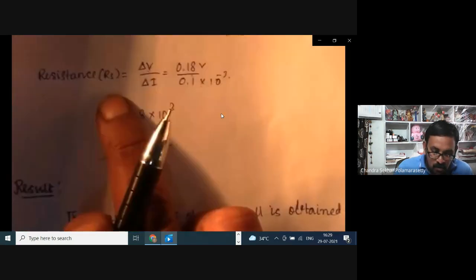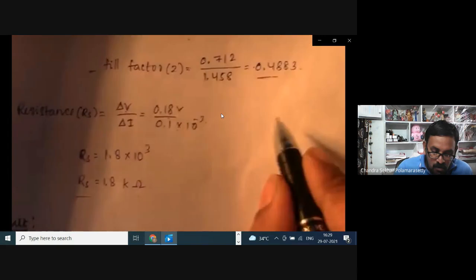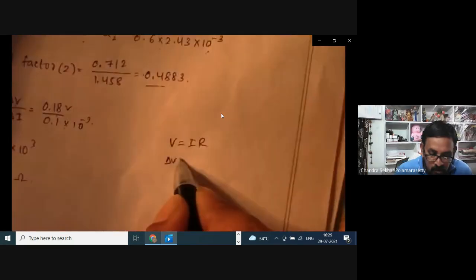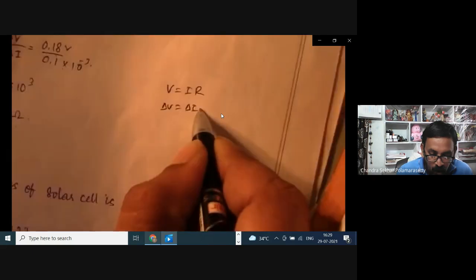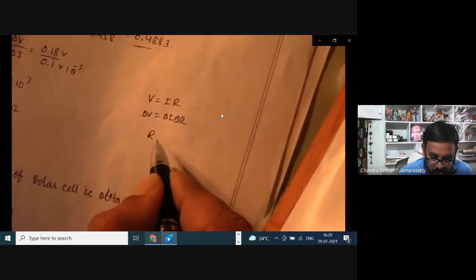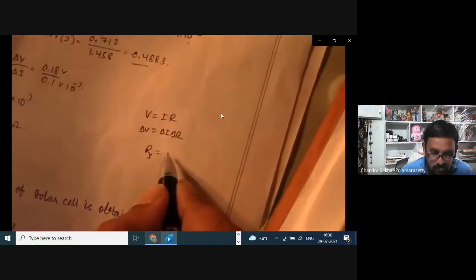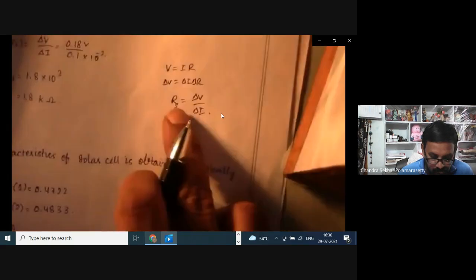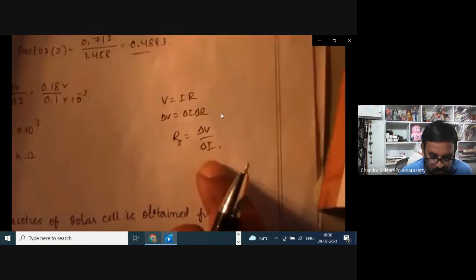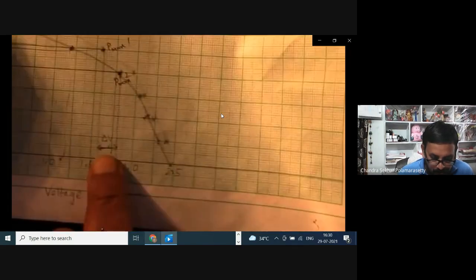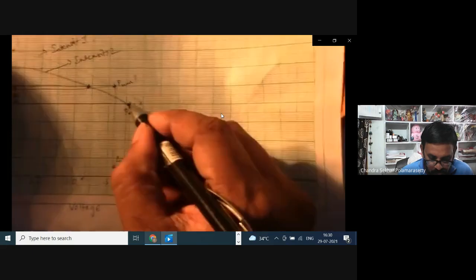Similarly, take current along the y-axis. So here the current, how we divided the scale: each unit along the y-axis, from here to here, is a single unit. So each unit is taken as 0.1 milliamperes. What is the maximum current? It started with 0 and the maximum current is 6.